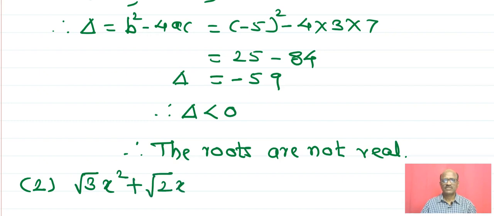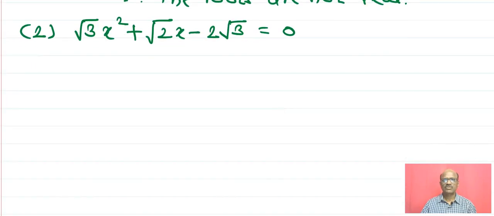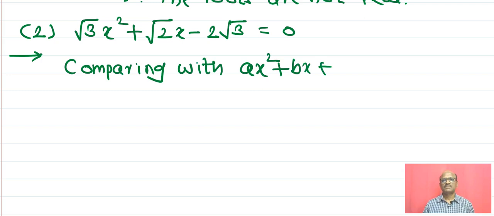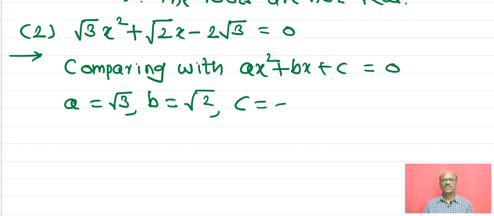Root 3x square plus root 2x minus 2 root 3 equals to 0. Comparing again with ax square plus bx plus c, a is equals to root 3, b is equals to root 2, c is equals to minus 2 root 3.